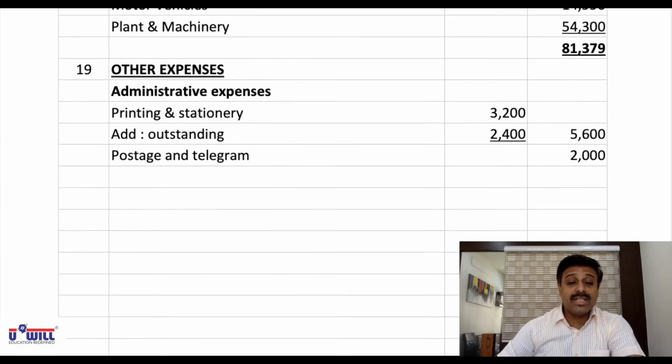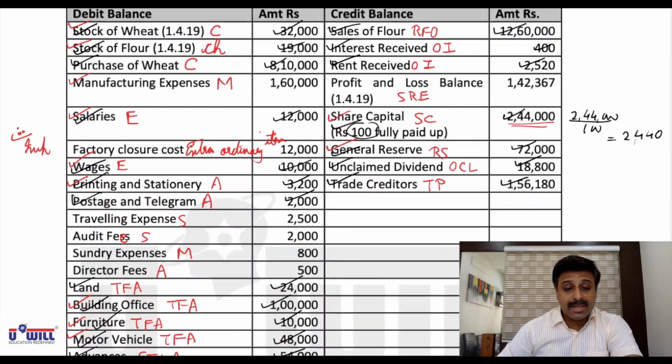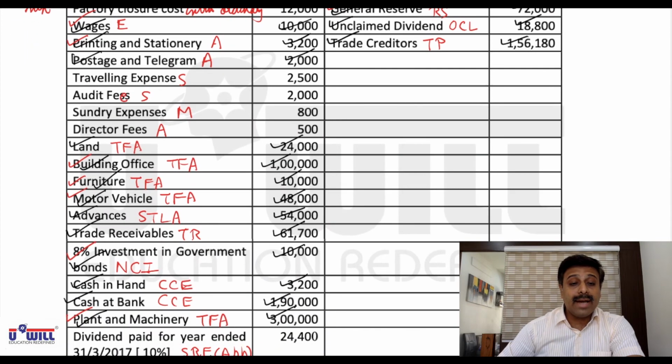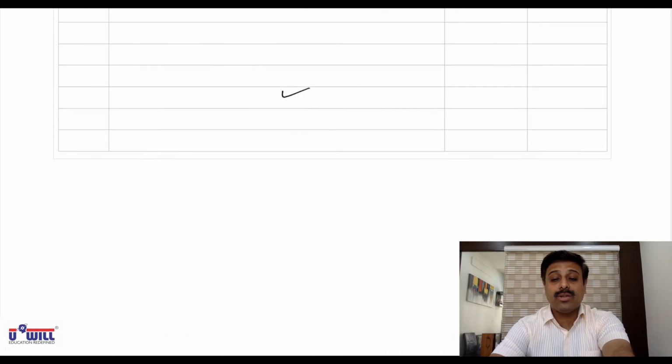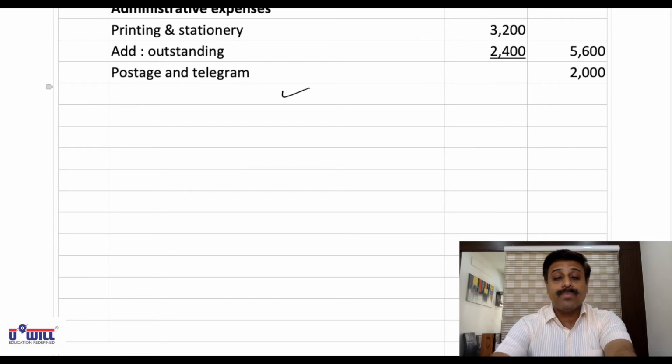Then after postage and telegram, what next item is marked as A? Audit fees will be administrative expense. So audit fees, 2,000. All of you mark it as 2,000 administrative expense.